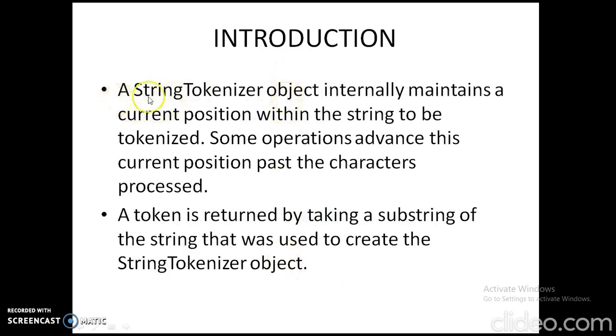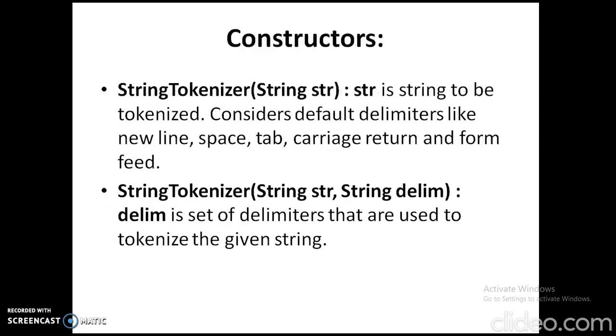The StringTokenizer object internally will also maintain one pointer, which we call the current position within the string to be tokenized. There are some operations which advance this current position past the characters processed. We'll see how exactly I can create the tokens using the StringTokenizer class and then extract the tokens and display the same.